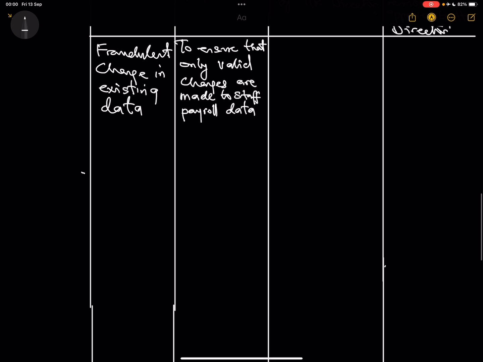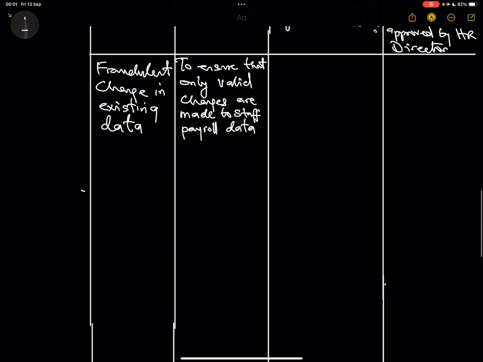Very important. And what control will help us to achieve this? There are two controls we're going to look at. First of all, we want a control that will ensure that only changes that have been approved by the HR director are made. That's the control we want.